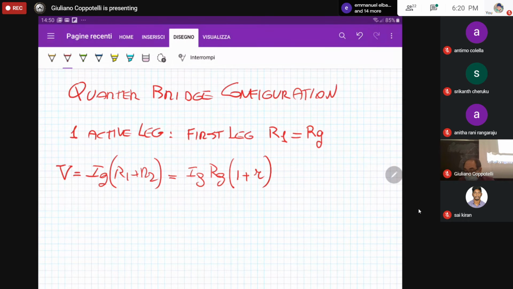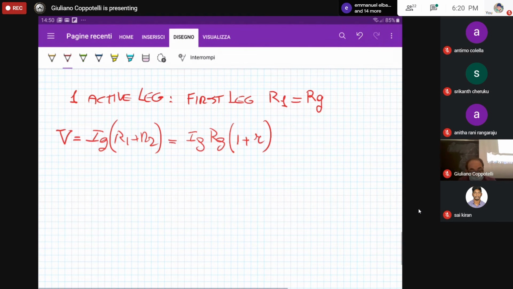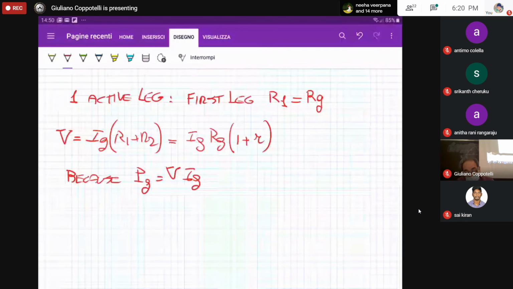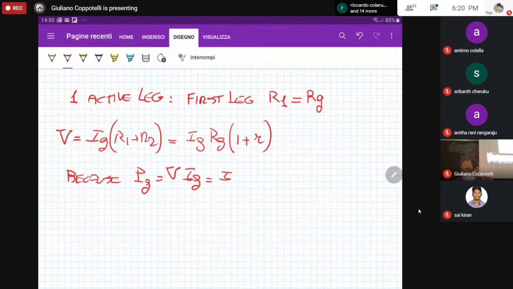Now, remember, the dissipated power through the strain gauge, so Pg, is equal to the input tension times the current that is flowing through the strain gauge. And that is also equal to Ig squared times Rg.